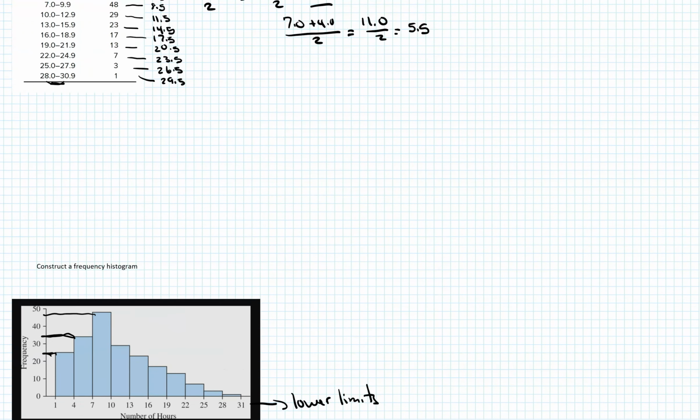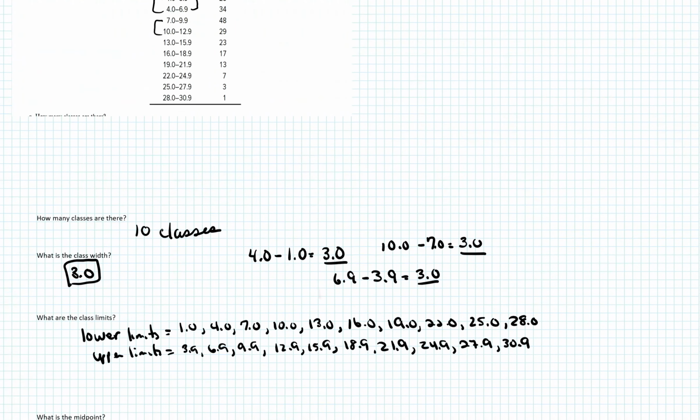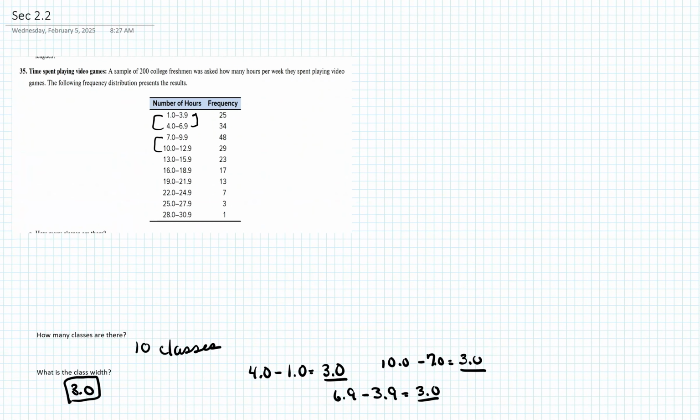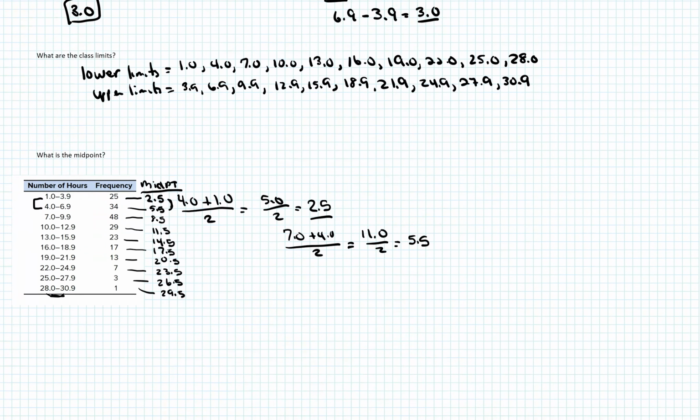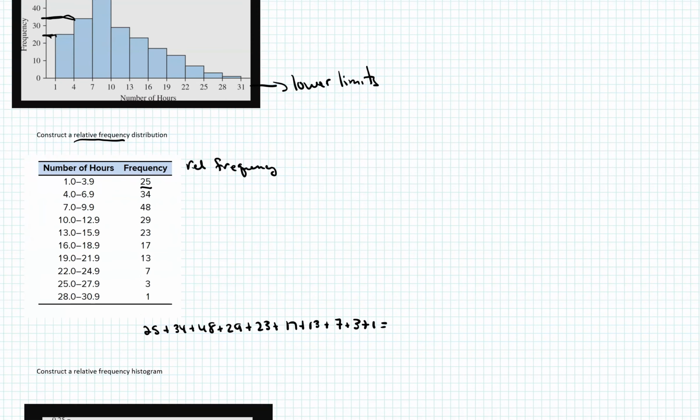Or you can just look back at the original problem and it says there are 200. Either or. So the relative frequency for the first one is going to be 25 divided by 200. I get 0.125. So the first one is 0.125.